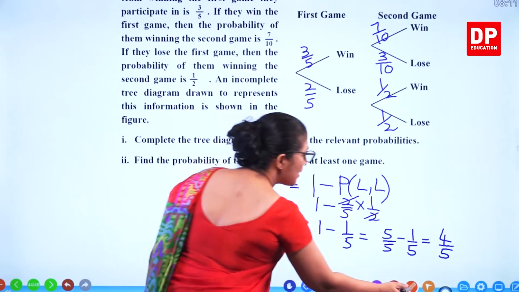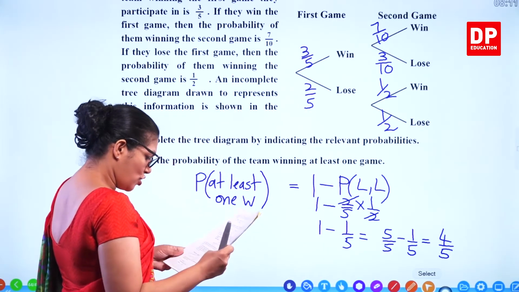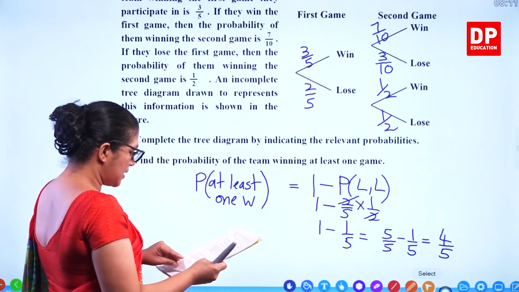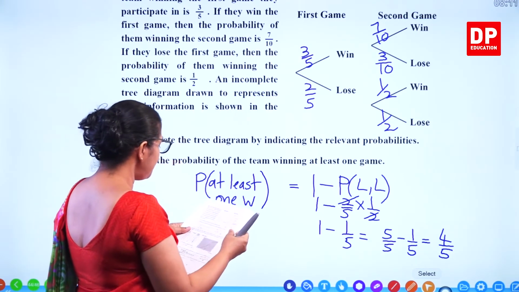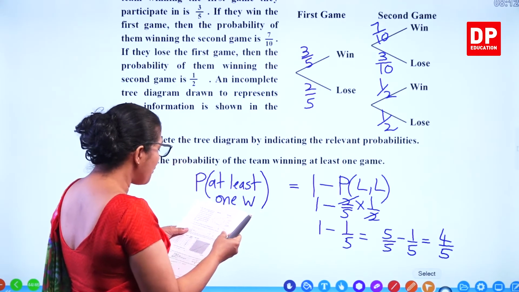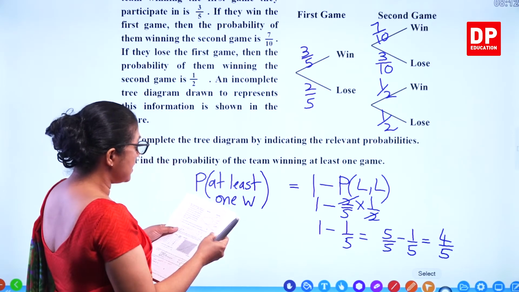So how do you get marks for this probability question? According to the marking scheme, you get 3 marks to mark all the probabilities.